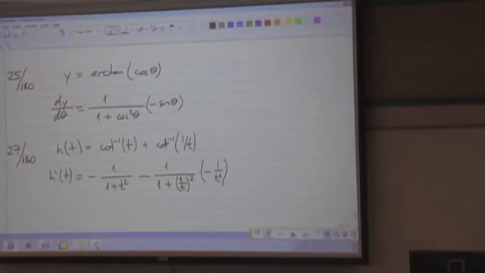Oh wait, the derivative of 1 over t, right? The last parenthesis is the derivative of 1 over t, yes.